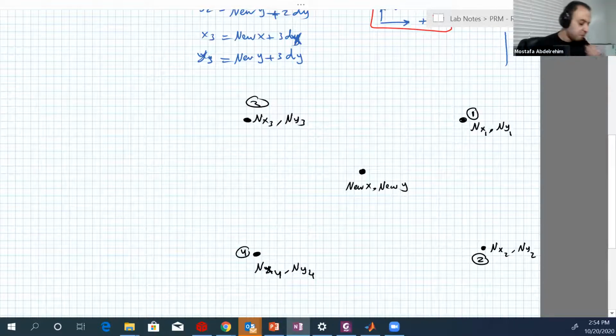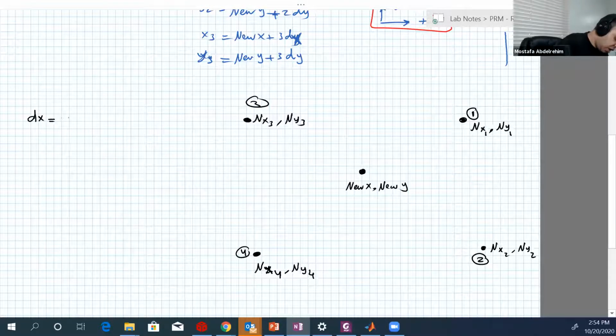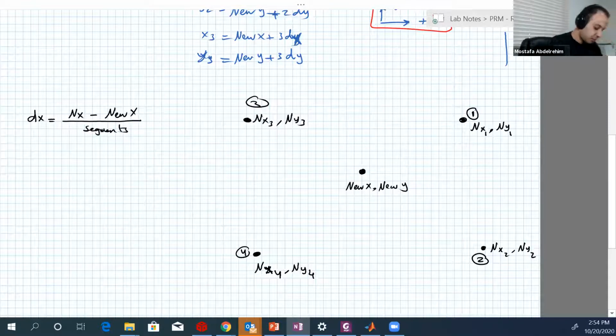Okay, and the equation is as follows. The equation is dx equal to neighbor nx in general minus new x over segments, and dy equal to ny minus new y over segments.